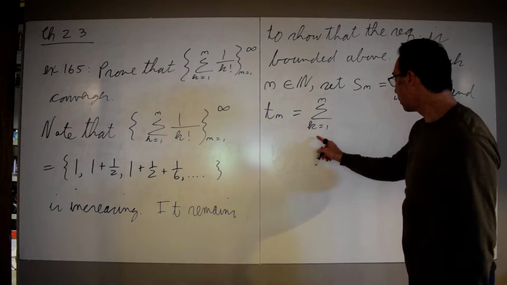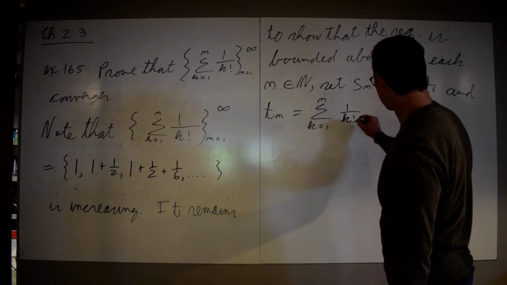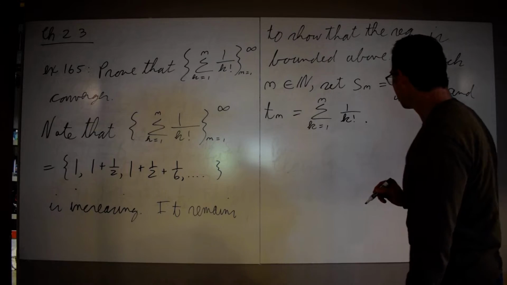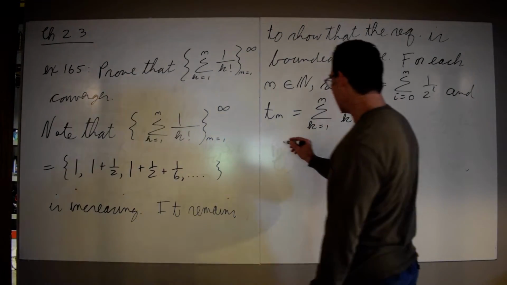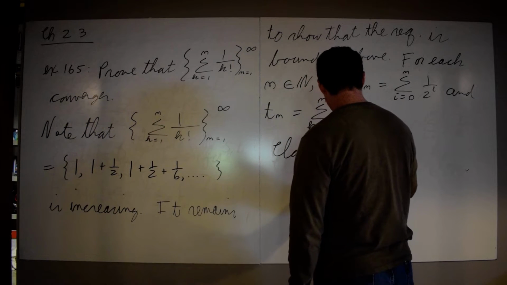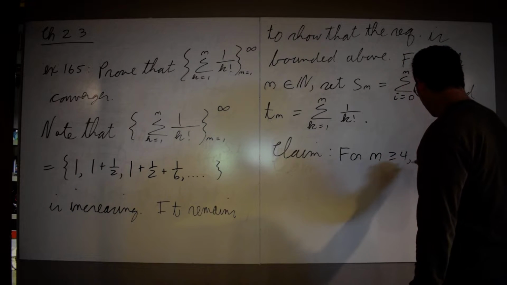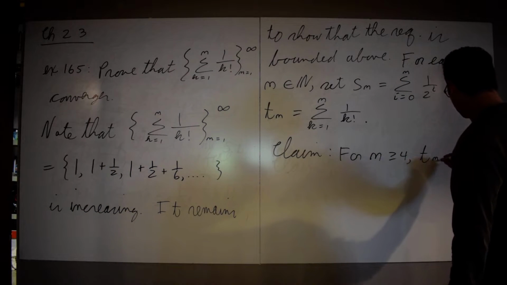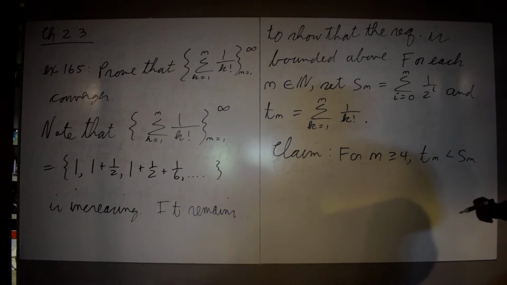So T sub n is going to be the sum from k equal 1 to n of 1 over k factorial. And our claim is that for n greater than or equal to 4, T sub n is strictly less than S sub n.